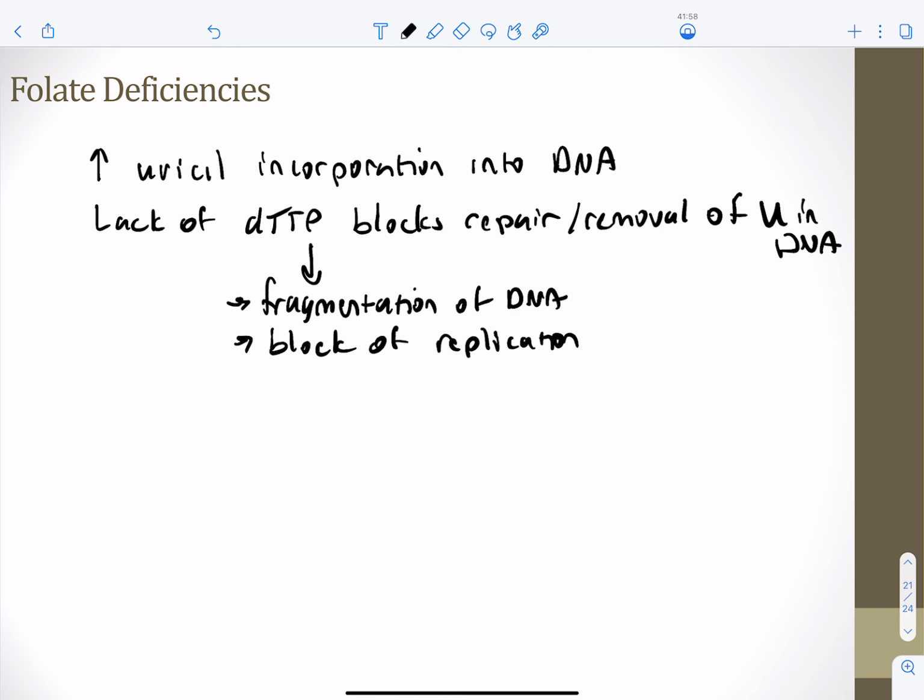So with patients with this, you're going to be able to isolate neutrophils, which are cells of the immune system, and they're going to have clumping and polysegmentation in their nuclei. And so this is a sign of megaloblastic anemia, primarily caused by folate deficiencies or a vitamin B12 deficiency.